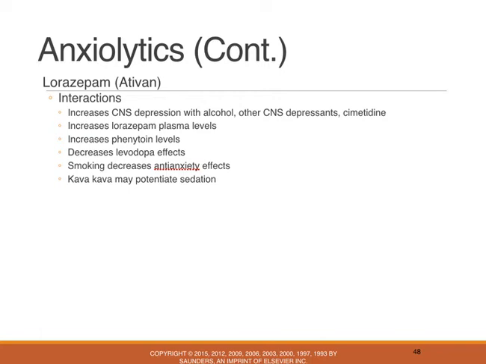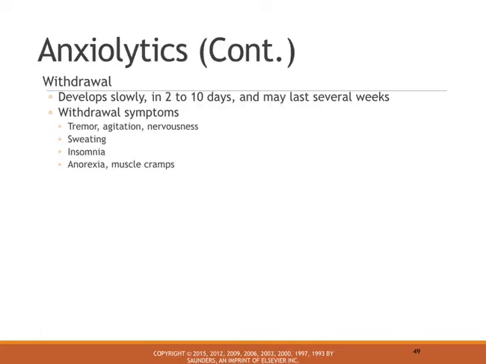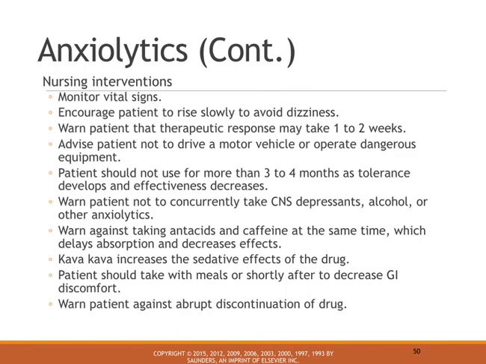For example, opioids or alcohol. We want to be careful when your patient is on phenytoin or levodopa. Smoking decreases its effectiveness, and an herbal remedy, kava kava, can actually make it worse or stronger. Withdrawal can occur. It develops slowly in 2 to 10 days, and it can last several weeks. And there are some of the symptoms of withdrawal listed there.